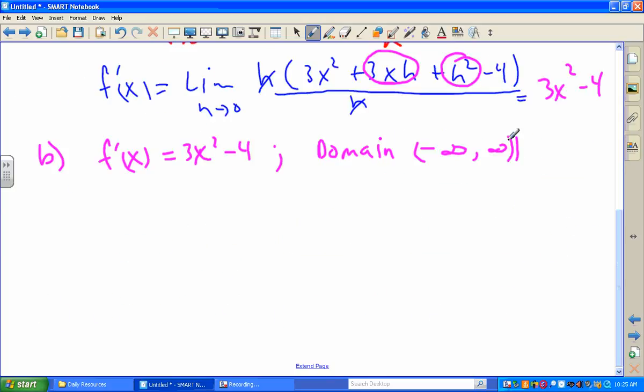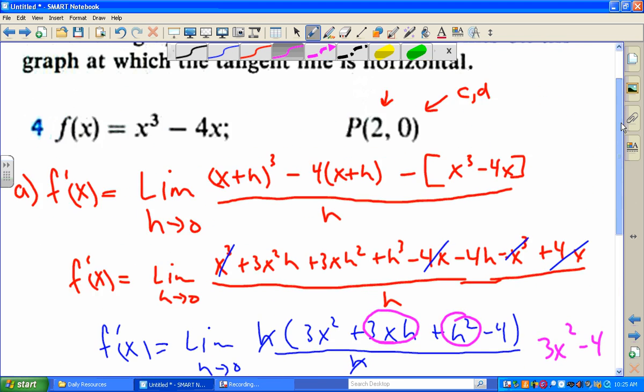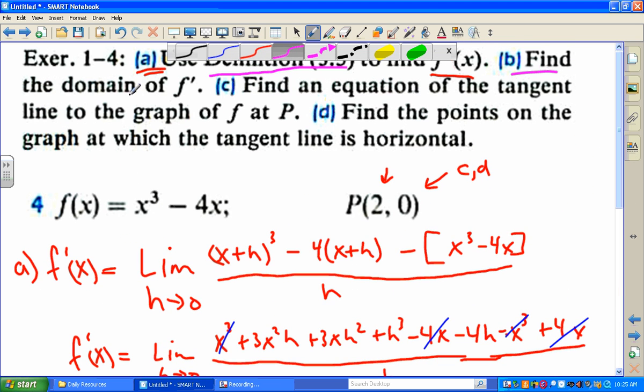Okay? I don't like how that looks. Let me change it. Negative infinity to infinity. All right? That's part B.